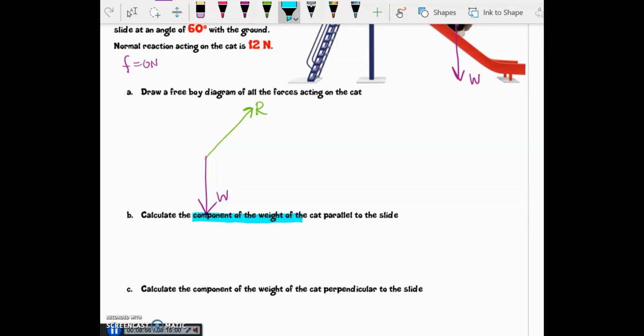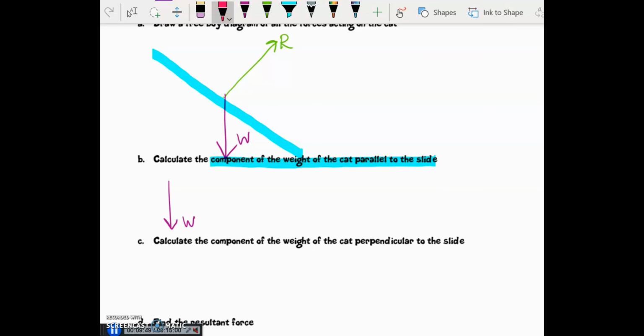Okay, so let me highlight with blue color. So that is your slide. If you want to resolve W, you can resolve it into 2, which is component that you can call wy. So this component is a component perpendicular to the slide. You see, it is 90 degrees to the slide, and also a component that is parallel to the slide.